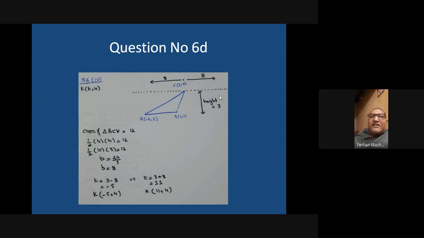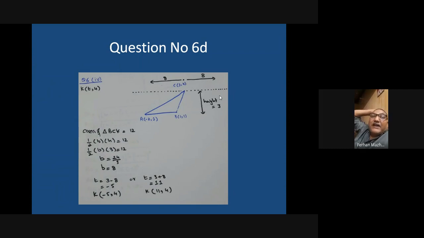Another very important thing he told us is that the triangle which will be formed by the BCK, its area will be 12. So you can see that it's a little tricky question.